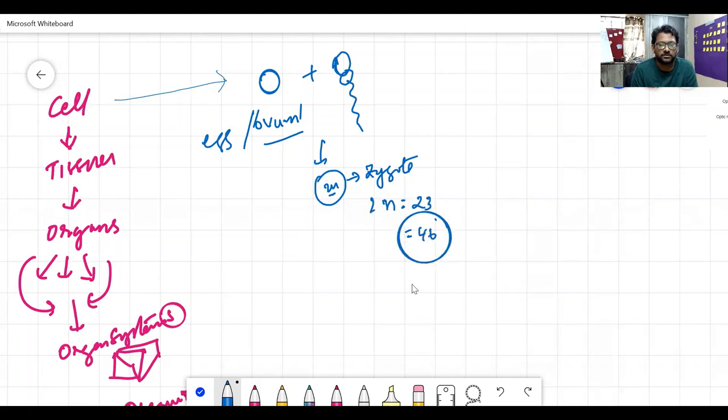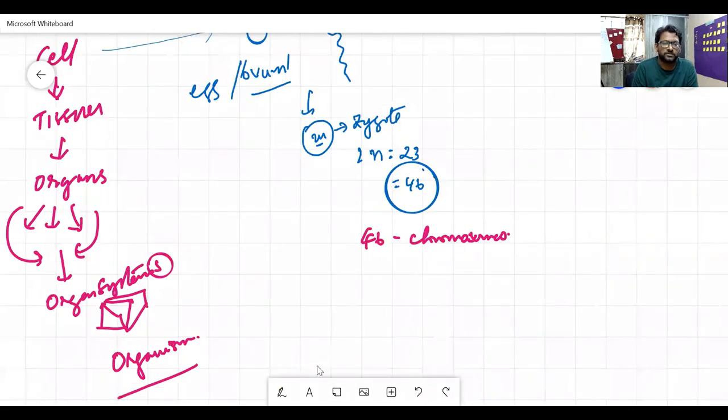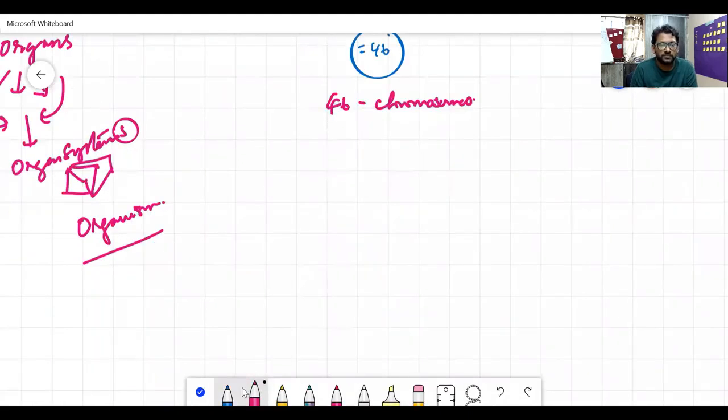So in humans, 46 chromosomes are present. These chromosomes contain genes, and these genes are made up of nothing but a gene sequence, made of DNA.